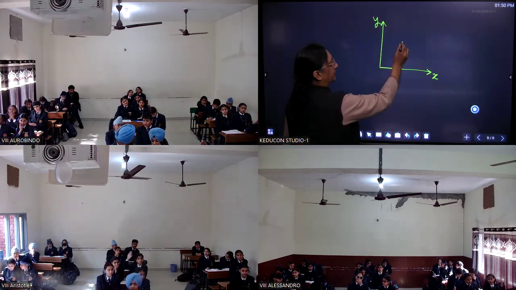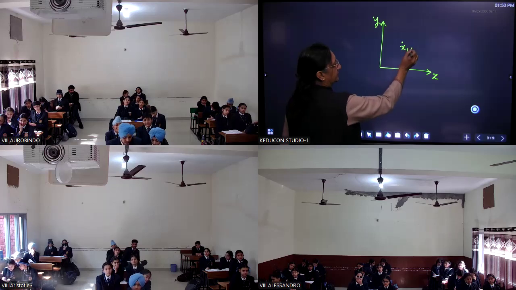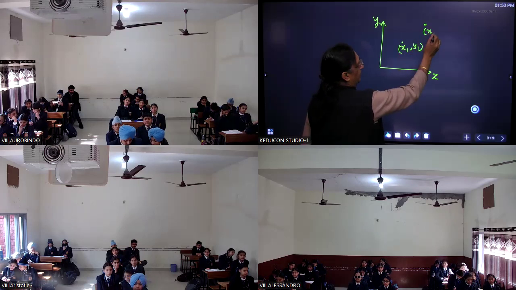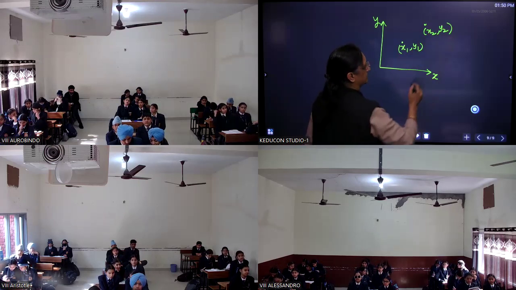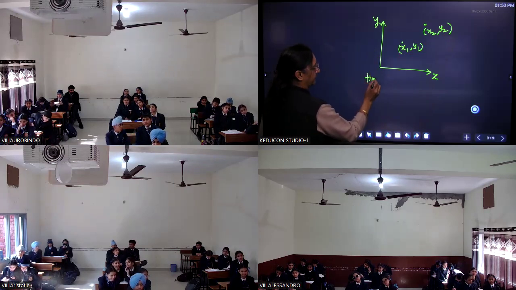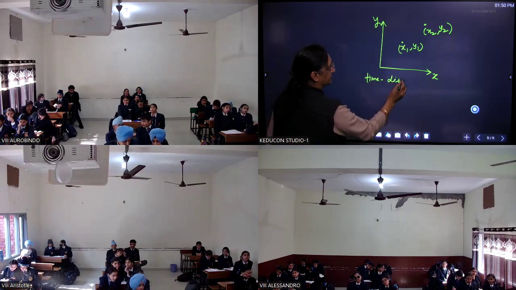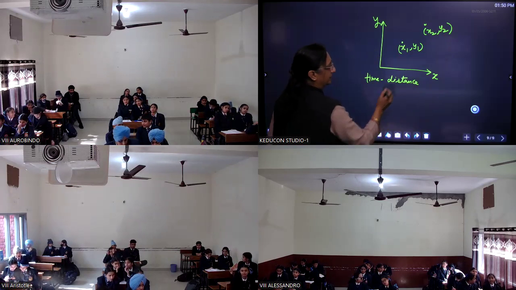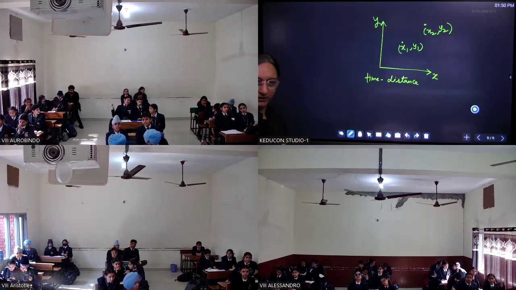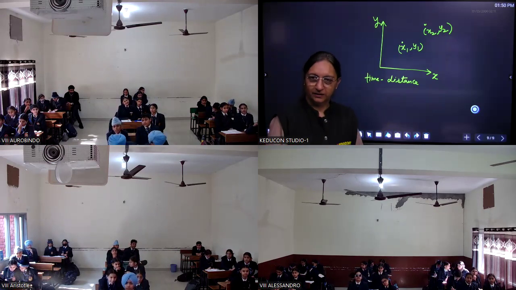You write the points, mentioning abscissa and ordinate. Suppose I draw a time-distance graph. In a time-distance graph, which is dependent and which is independent? Time is independent and distance is dependent.